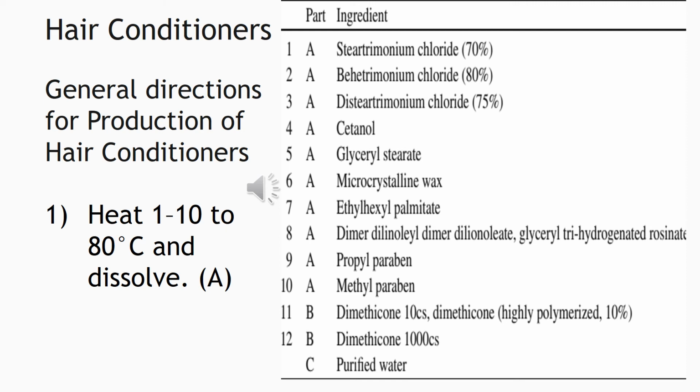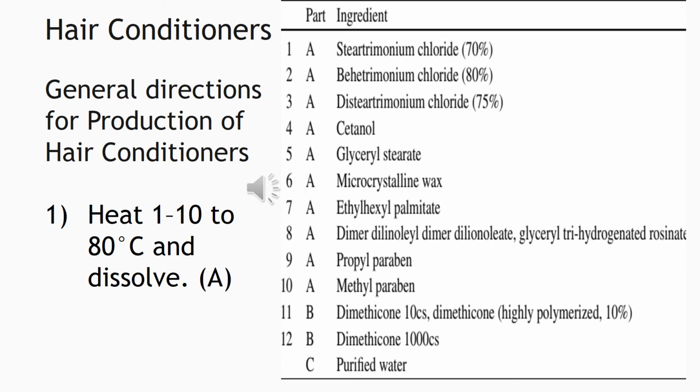Again I am going to repeat it. Chemical numbers 1, 2 and 3: quaternary ammonium salts, stearyltrimonium chloride, behentrimonium chloride, distearyldimonium chloride.